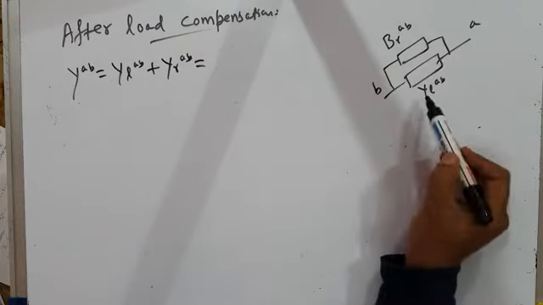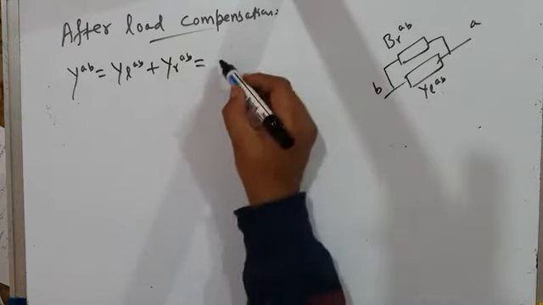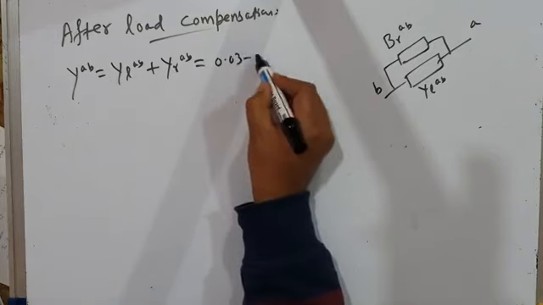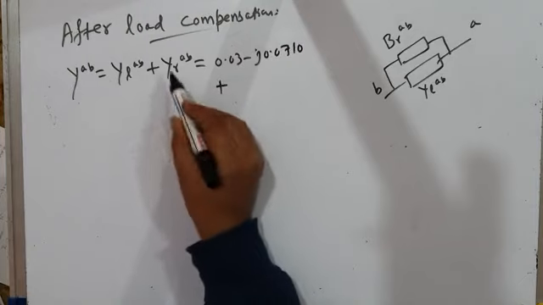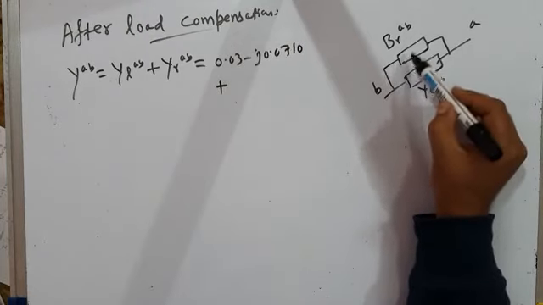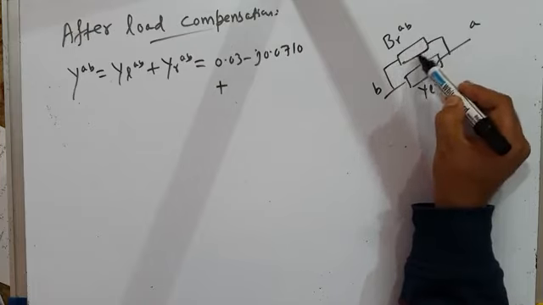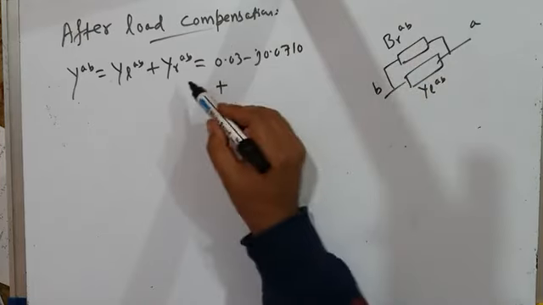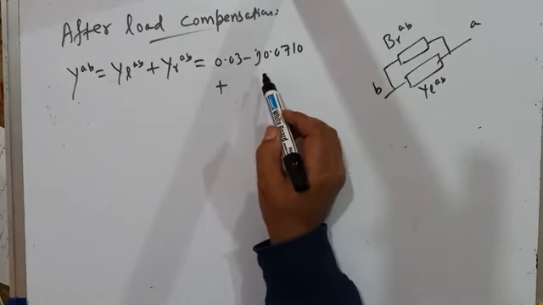YLAB, the load admittance of AB that you wrote a little while ago, is 0.03 minus J 0.0710, plus Y gamma AB. Y gamma AB means the admittance of this compensator, and that is equal to B gamma AB, which you calculated just a few moments back.